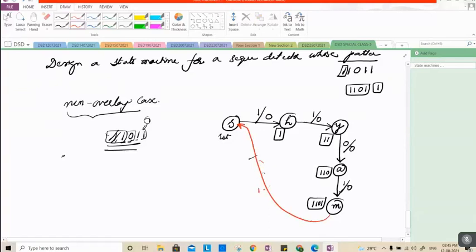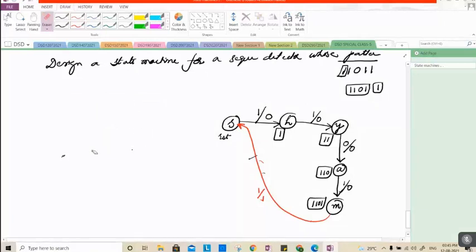Now again I am repeating it. So S0 is my initial state or reset state. Now I will be moving on to S1 whenever input is equal to 1 with output as 0.